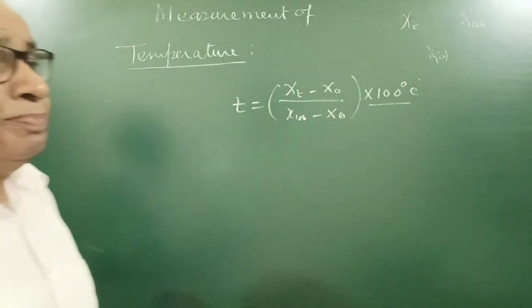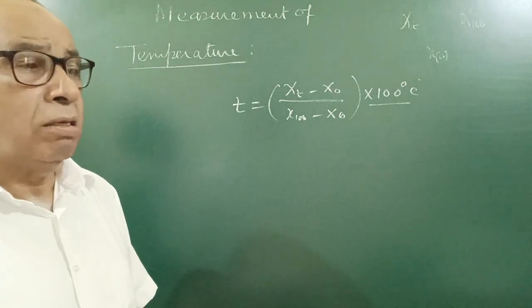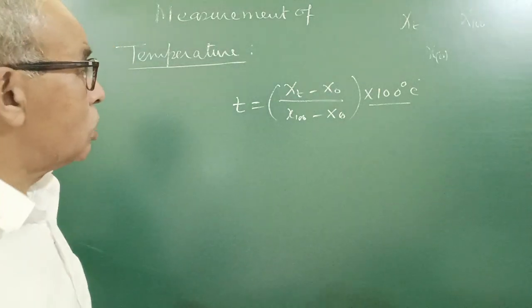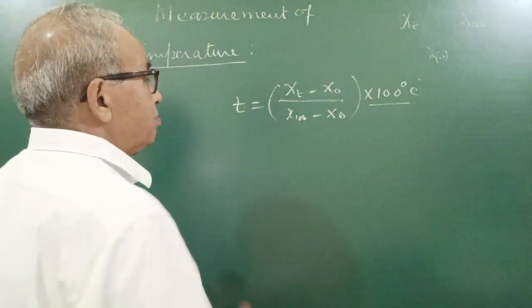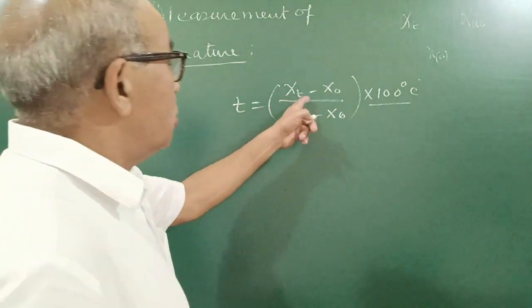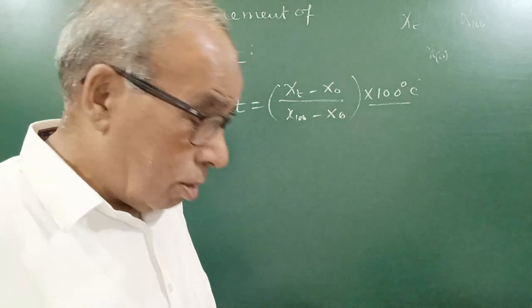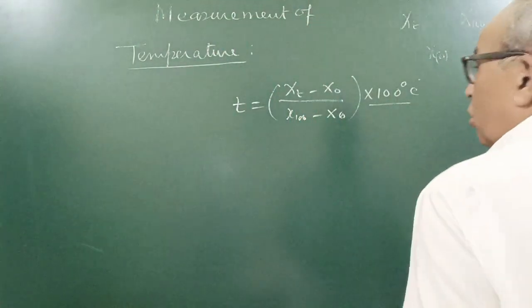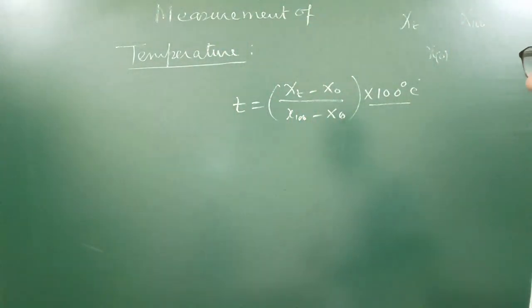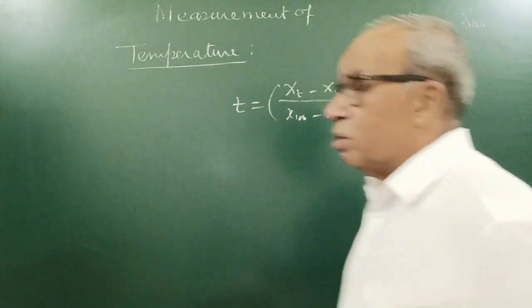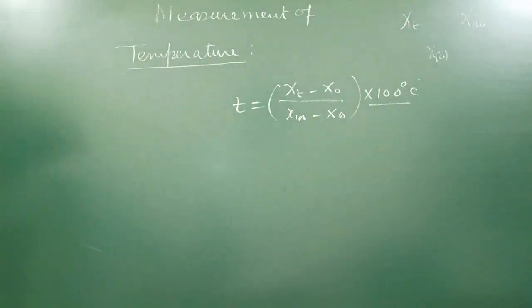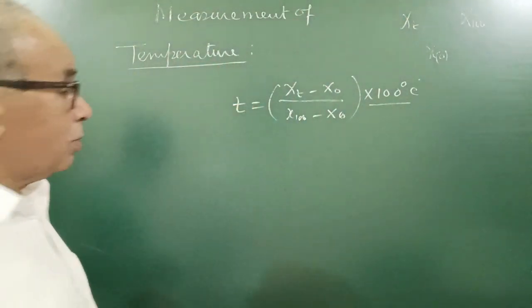You will learn about gases in coming chapters. It may be resistance of a good conductor, and then I told you it may be the thermo EMF. So X is the thermal property.